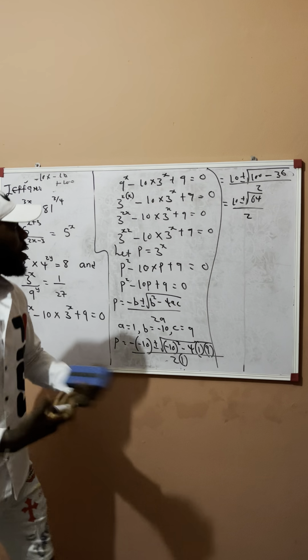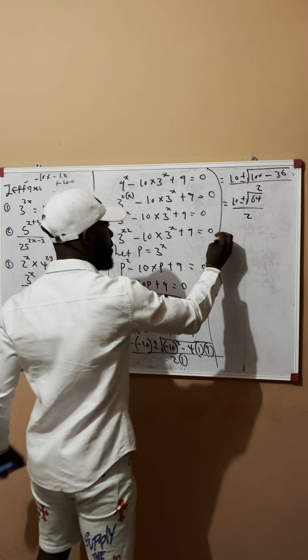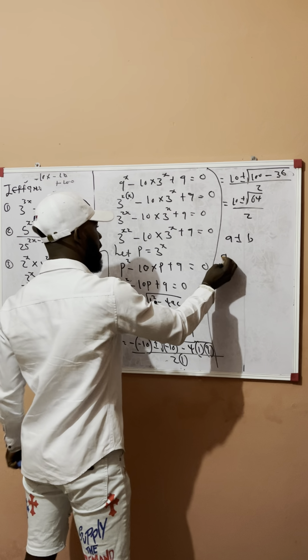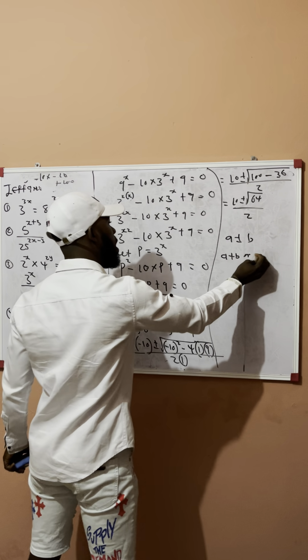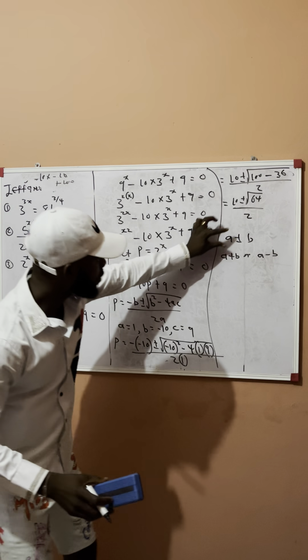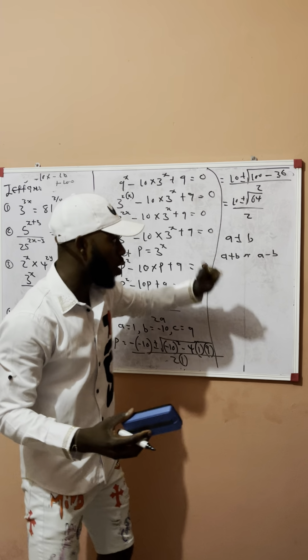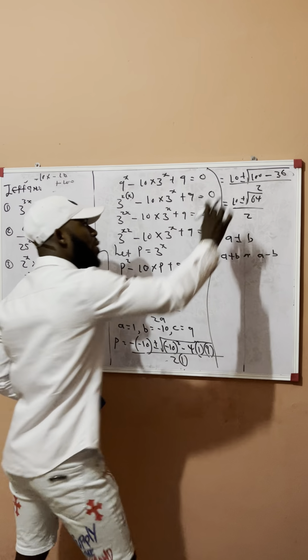Now, let me introduce something to you. If you have A plus or minus B, it simply means A plus B or A minus B, because we have two signs here, plus and minus. So when you separate it, it becomes A plus B or A minus B. Exactly what is going on here.